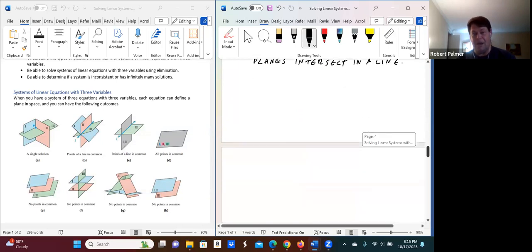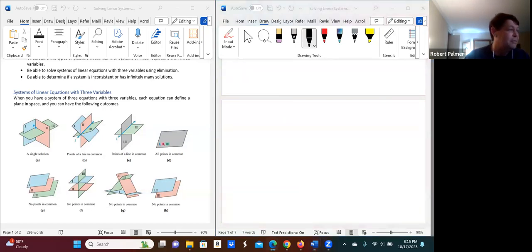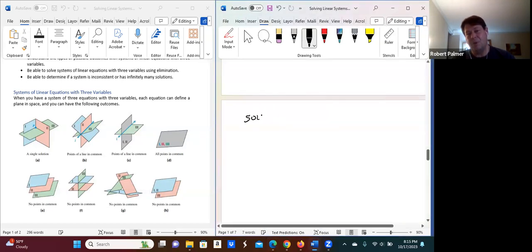Okay. Now, let's look at one last example. This one is going to be a bit different. So we want to solve this system. Let me make sure I write the system I want.